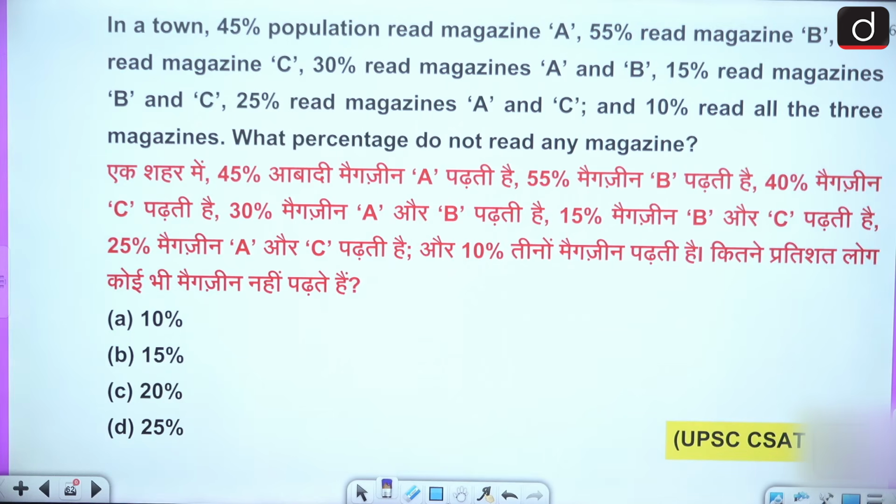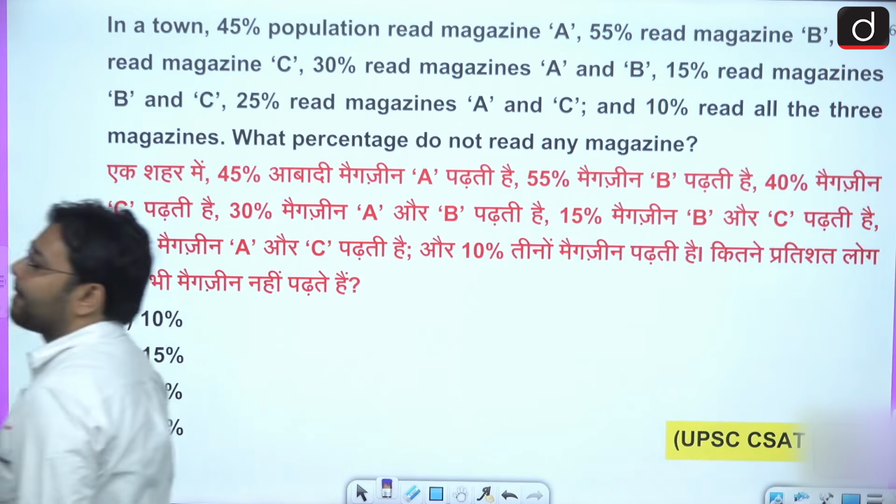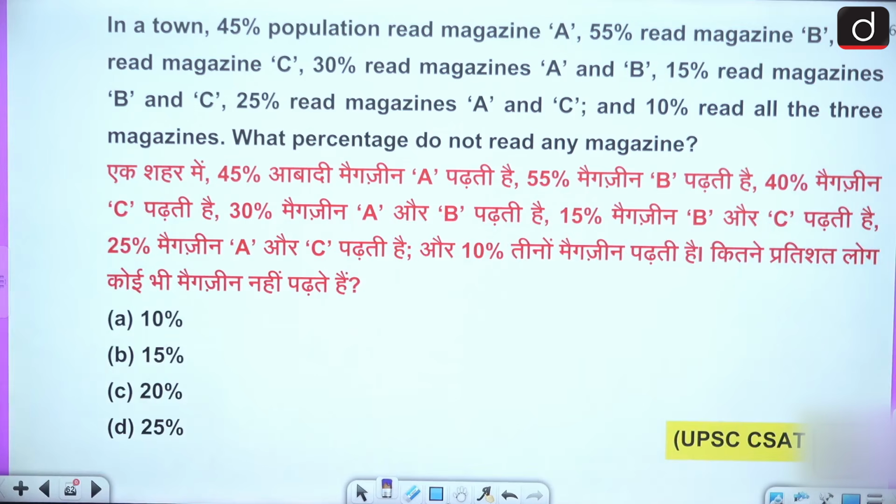What percentage do not read any magazine? Read one more time.